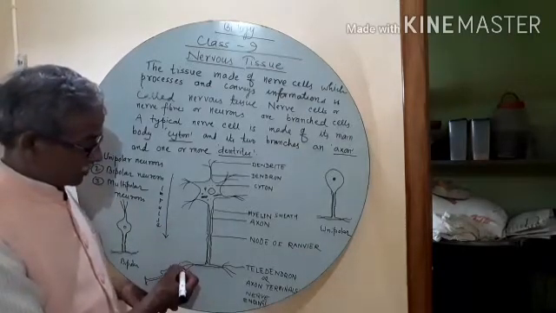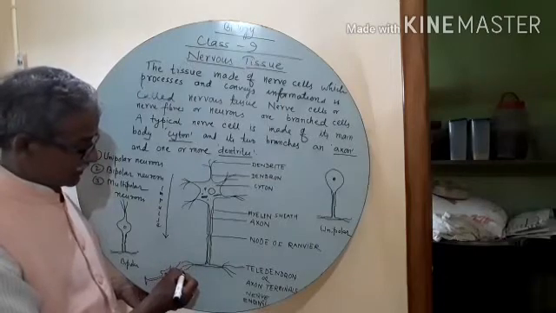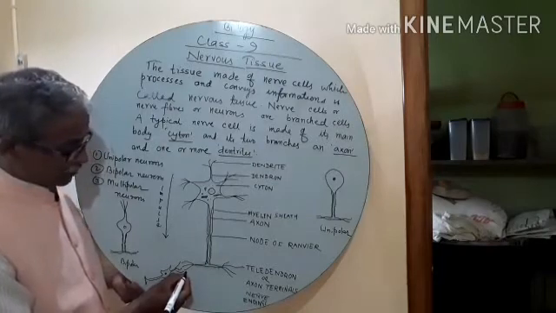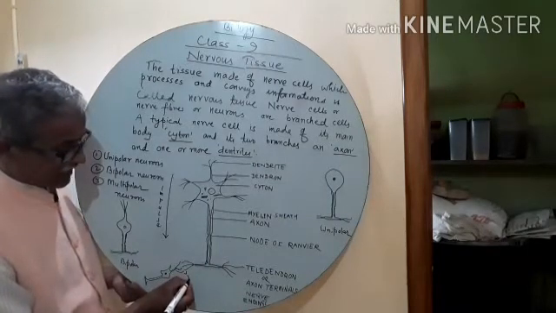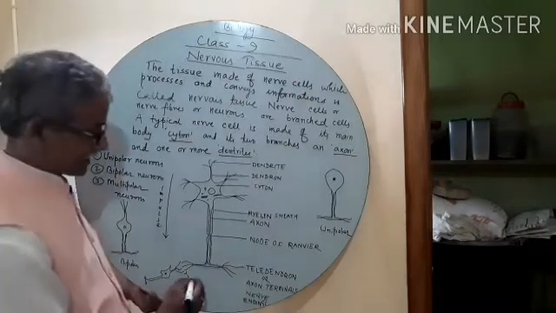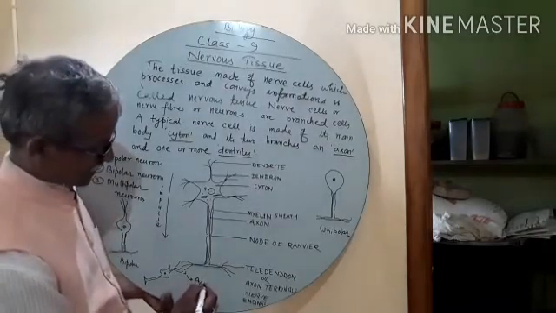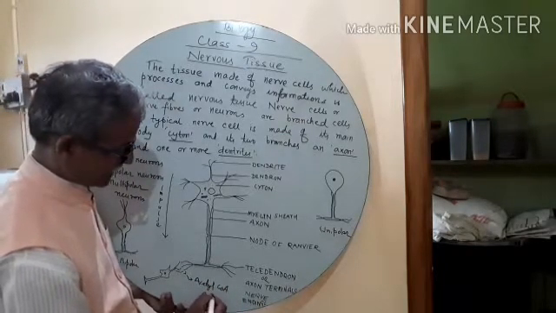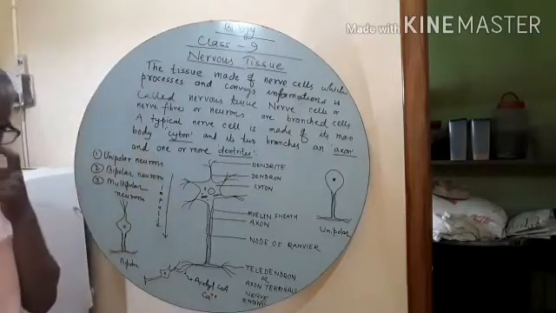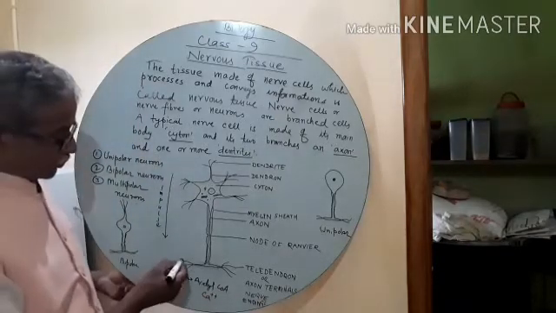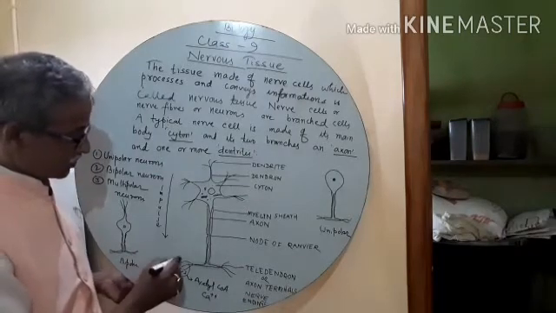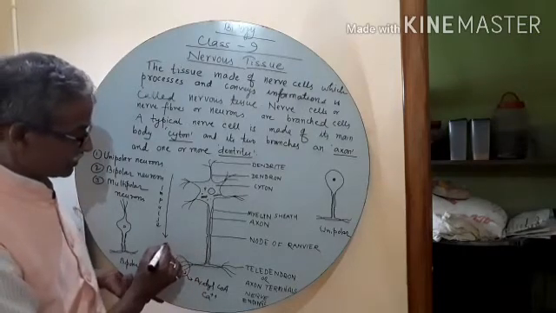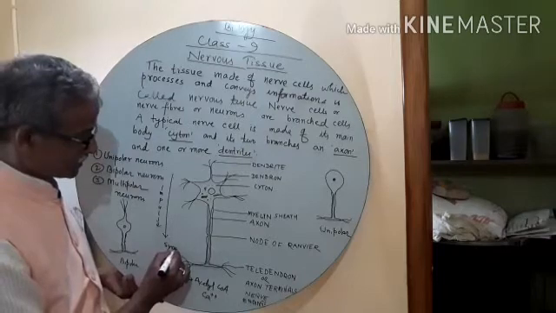From the axon terminal to the dendrites, the information goes with the help of a chemical, acetyl coenzyme A and calcium ion. This close contact of the axon and dendrite of two nerve cells is called synapse.